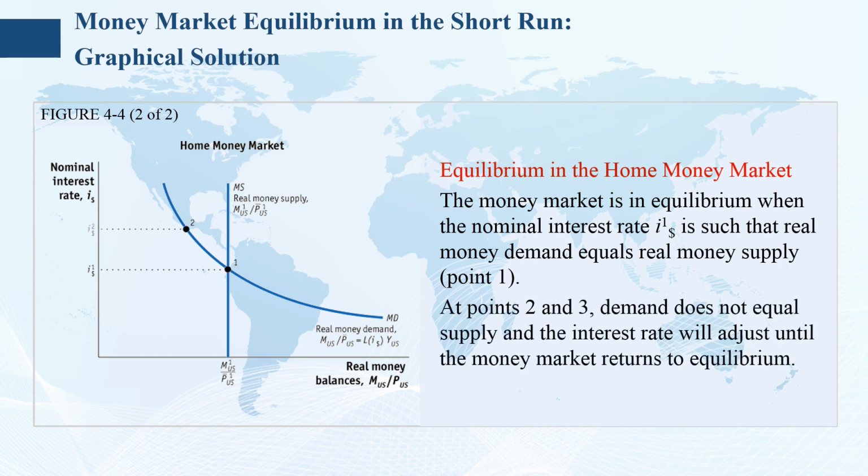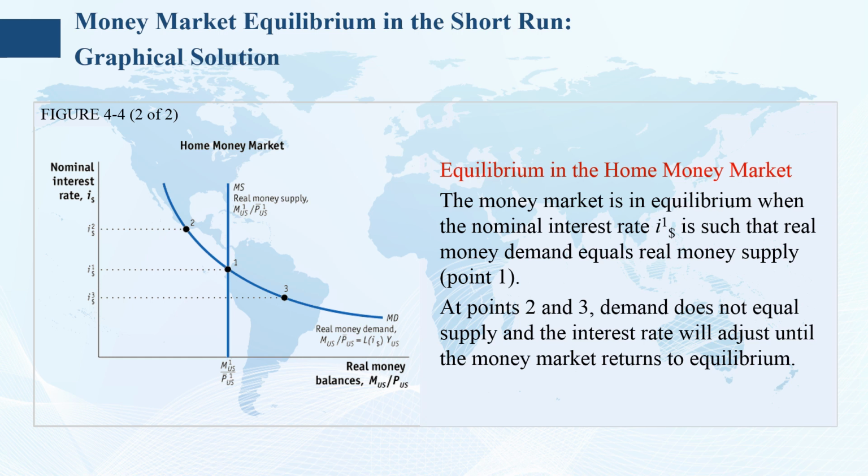The money market is in equilibrium when the nominal interest rate I1 dollars is such that real money demand equals real money supply at point 1. At points 2 and 3, demand does not equal supply, and the interest rate will adjust until the money market returns to equilibrium.